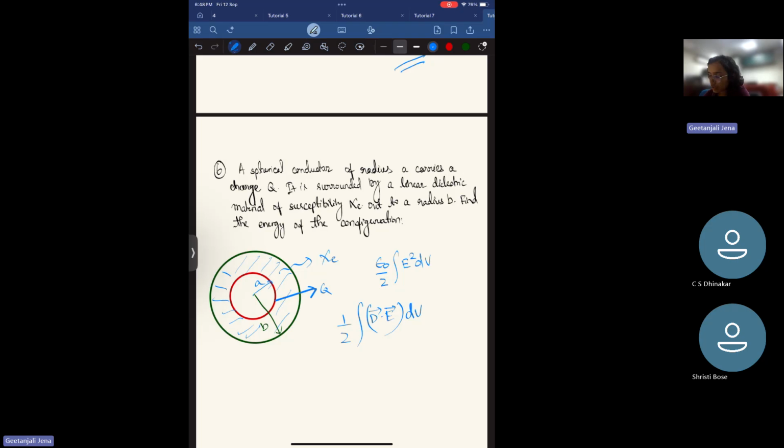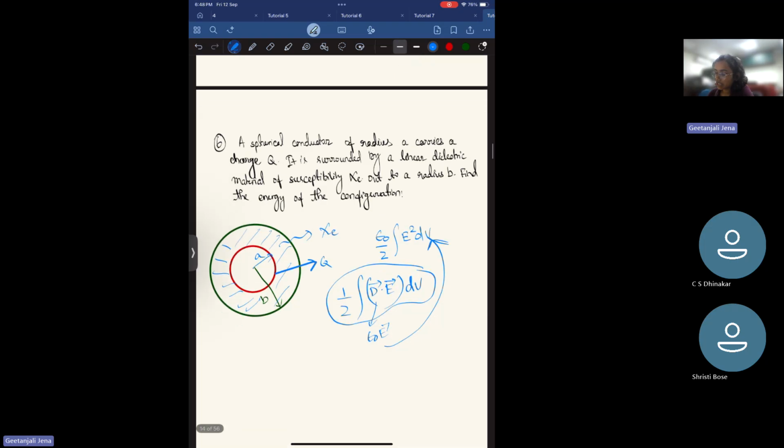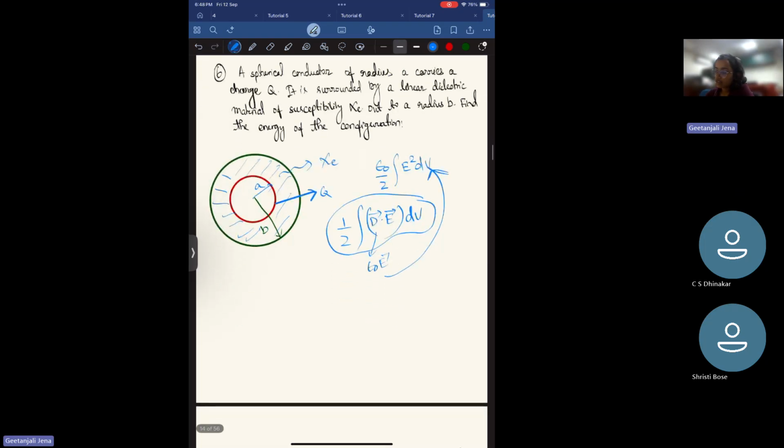And when there is no dielectric, you can replace D as epsilon naught E. This will give back this equation. This is the more general form, integration of D dot E dV. So our task is to find out D, E, then integrate it over all the region to find out the energy. So let us calculate D and E first.